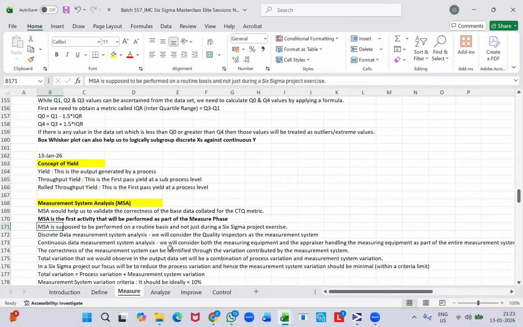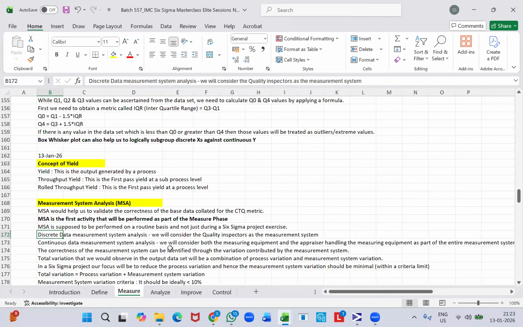Now, what would constitute the measurement system for discrete data as well as continuous data? Again, in MSA we have separate exercises that can be performed for a discrete data scenario and also for a continuous data scenario. If you are dealing with discrete data, it will be called discrete data measurement system analysis. And what would constitute the measurement system in a discrete scenario? The quality inspectors would be inspecting the sample unit and coming up with a decision as to whether the sample unit is defective or non-defective.